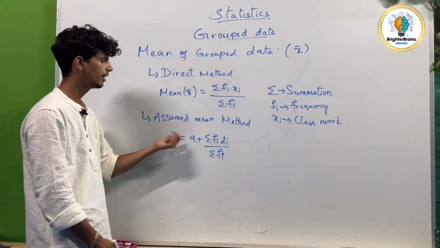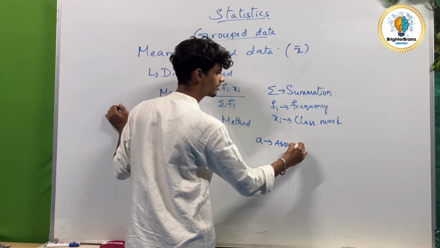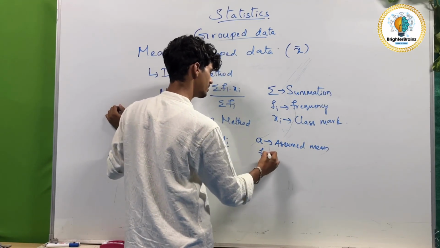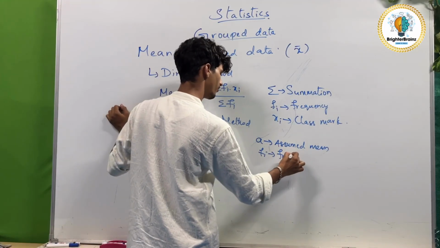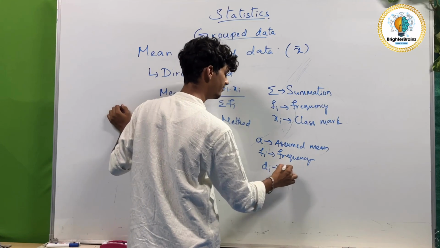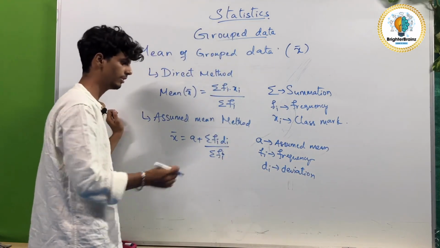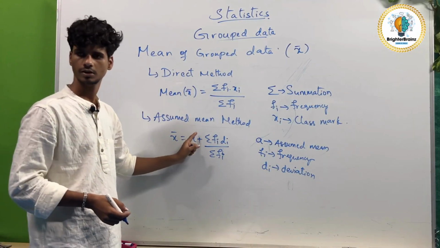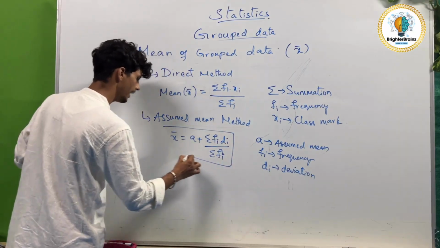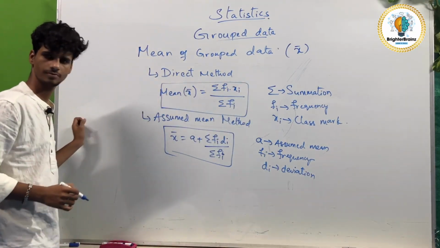Here a is called the assumed mean, fi is called the frequency, di is the deviation, and sigma is the summation. So x bar is equal to a plus sigma fi di by sigma fi.